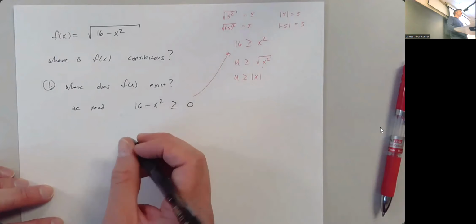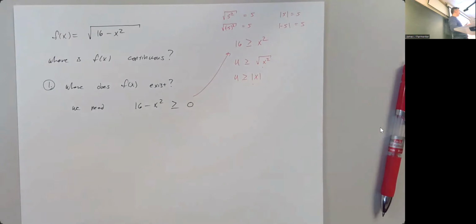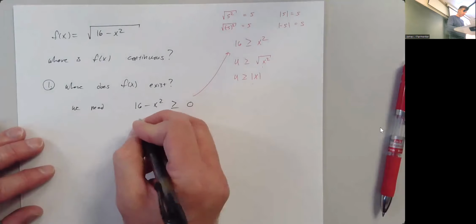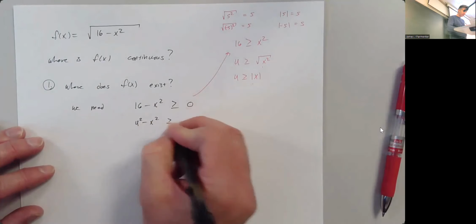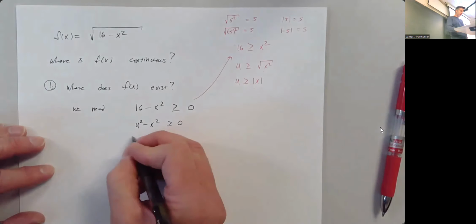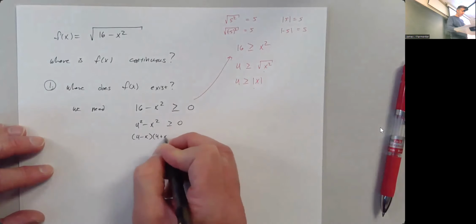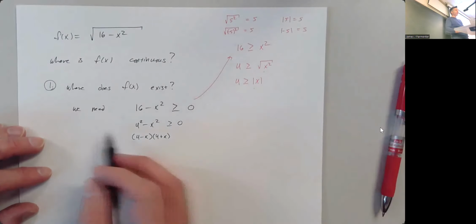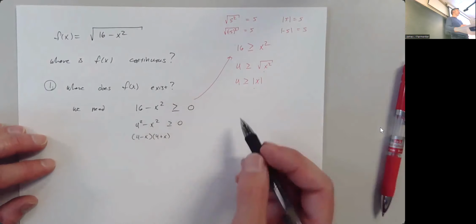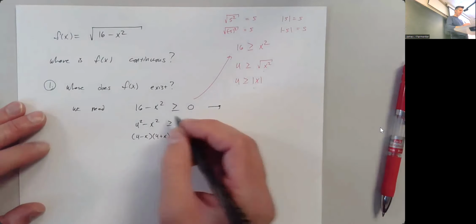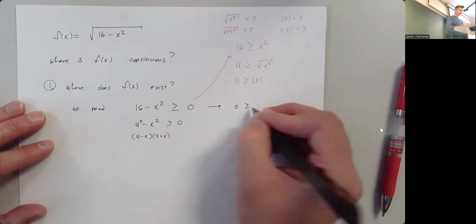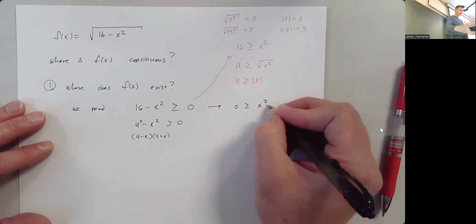And that is almost right, but not exactly right. Order does matter here. We have 4 squared minus x squared greater than or equal to 0. So this should factor as 4 minus x times 4 plus x. If you really don't like that, you can move everything to the other side. You can say that 0 is bigger than or equal to positive x squared minus 16.